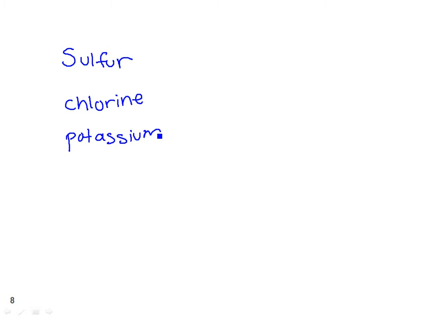Let's see, let's do sulfur, chlorine, potassium, and aluminum. So if you want to pause this video, you can to work these out and then turn me back on, but we'll go ahead and start with these.